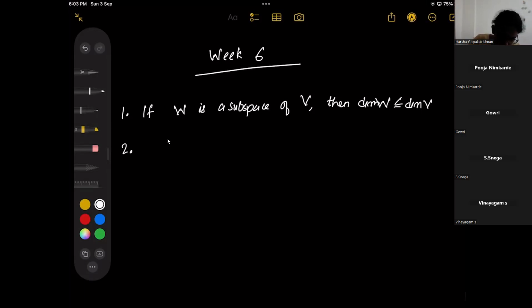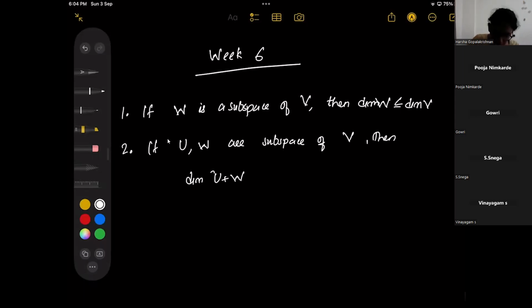And one of the main important theorems we have covered is: if U and W are subspaces of V, then dimension of U plus W equals dimension of U plus dimension of W minus dimension of U intersection W.